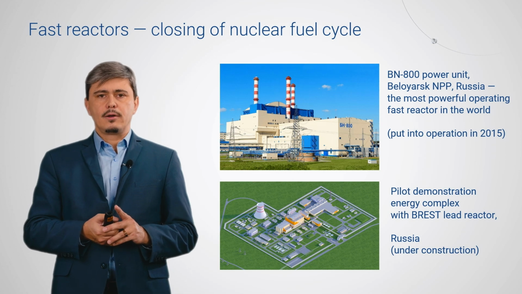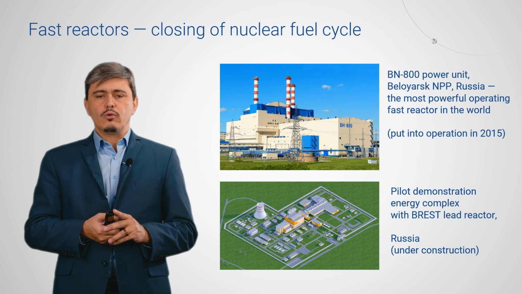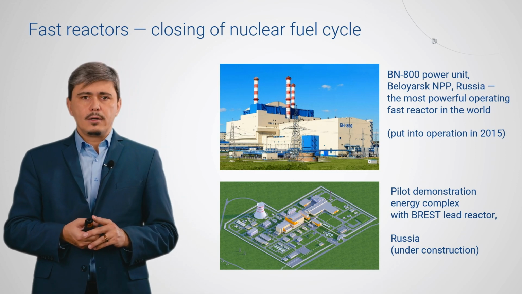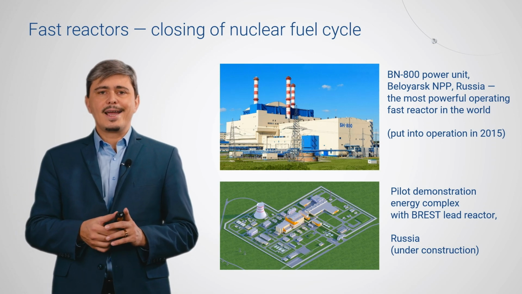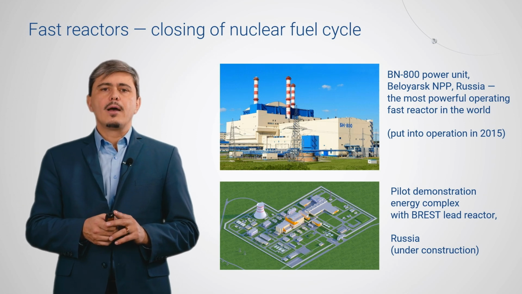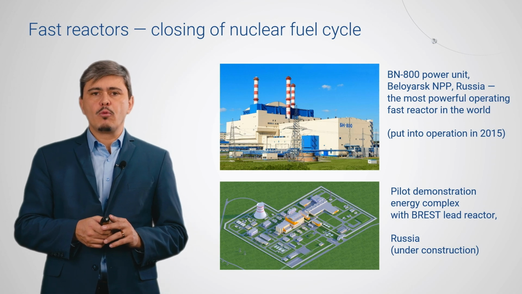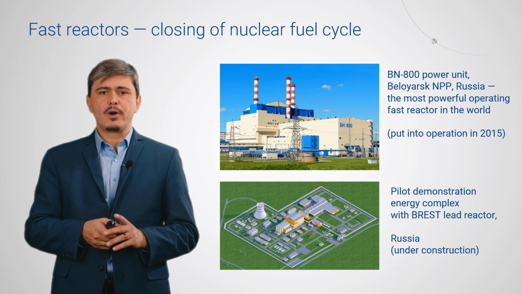It's fast reactors. Fast reactors really, in contrast to usual thermal neutron reactors, really we'd like to use fast reactors with fast neutrons. And one of the main advantages of this kind of reactors, we can use some isotopes which cannot be used in usual way for thermal power reactors.